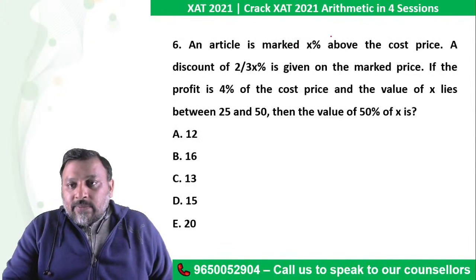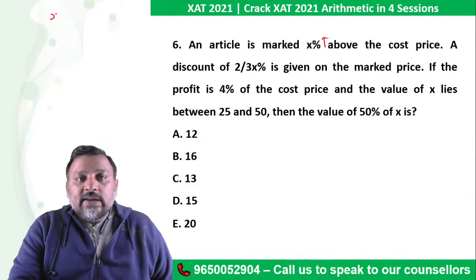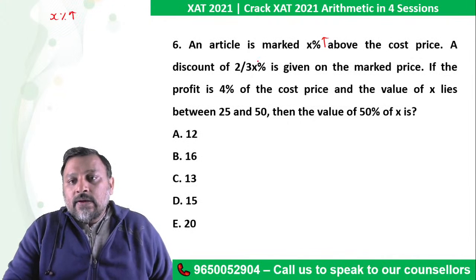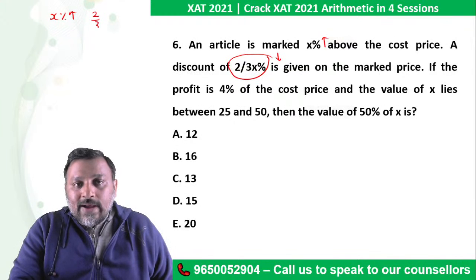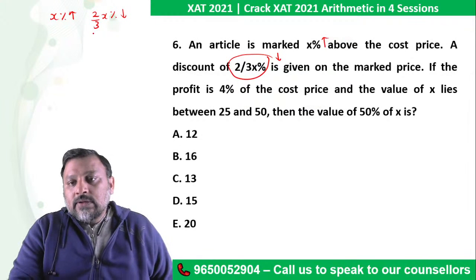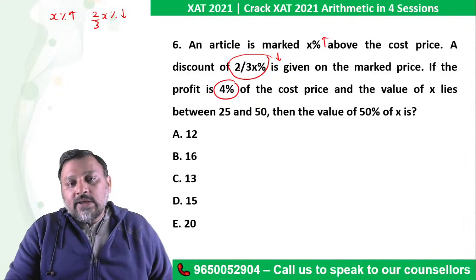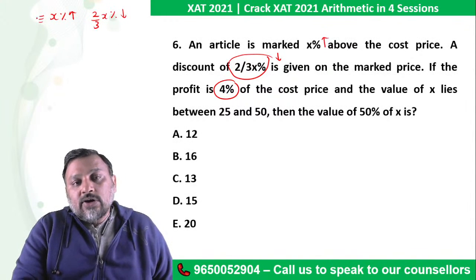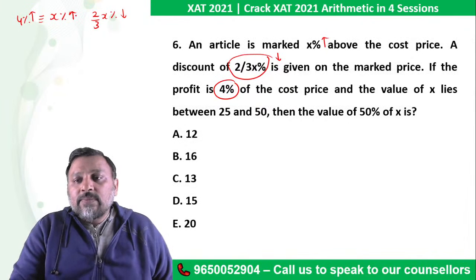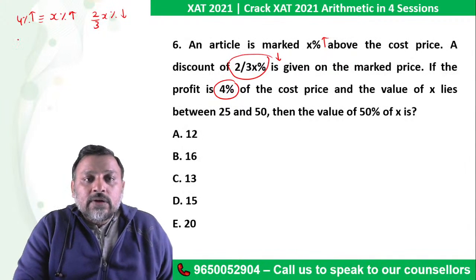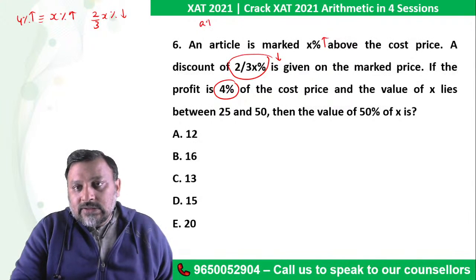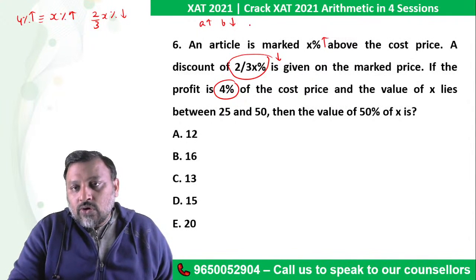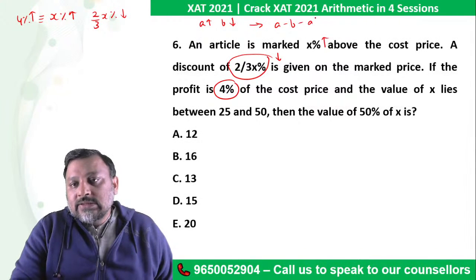Okay, markup, that means an increase. So there is an increase of X%. Discount, that means a decrease. There is a decrease of 2 by 3 x%. And profit, an increase. So the overall result of these two is an increase of 4%. So you can just apply successive changes. So that means we are applying this formula: A increase, B decrease. So net is A minus B minus AB by 100.